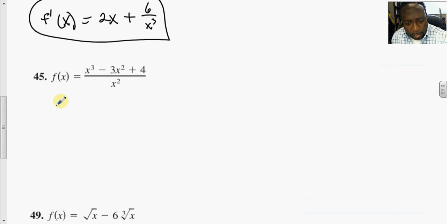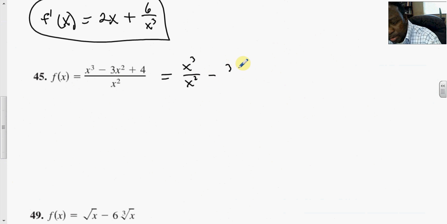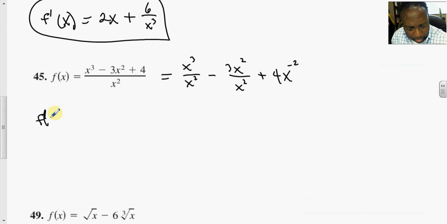Now for this problem, let's rewrite it. These terms are divided by x to the second. So x to the third over x squared can be simplified, minus 3x squared over x squared, plus, I'm going to write this as 4 times x to the negative 2. So f of x, simplifying, is x minus 3 plus 4 times x to the negative 2.